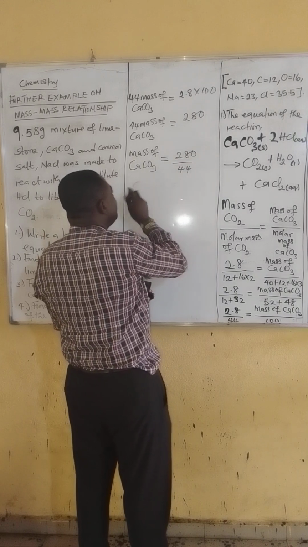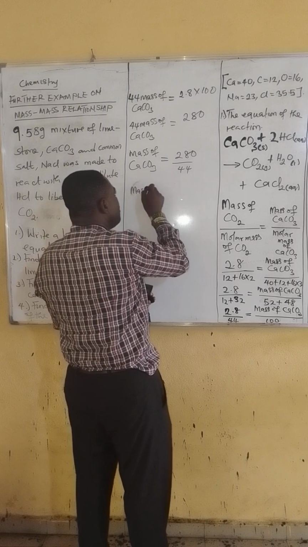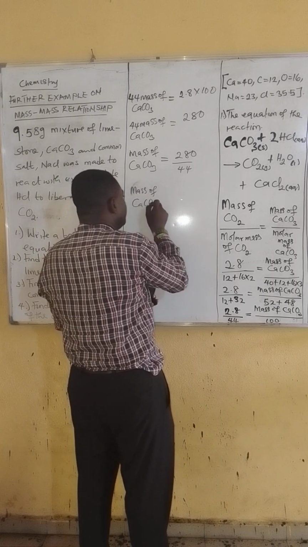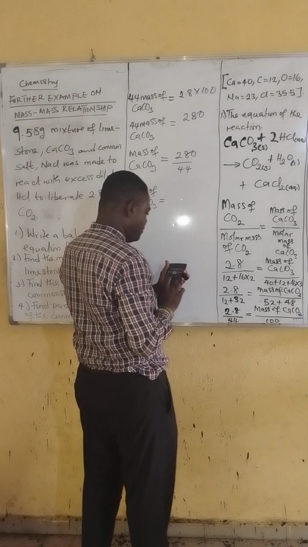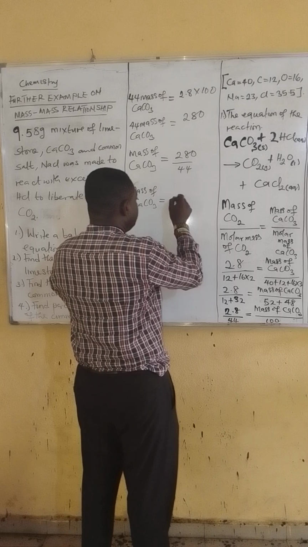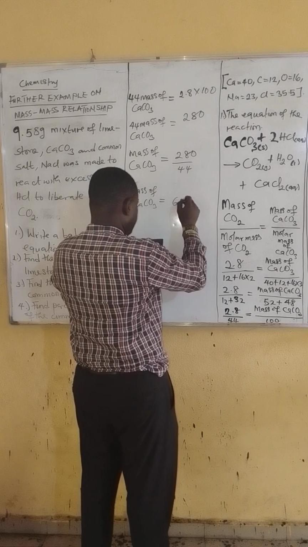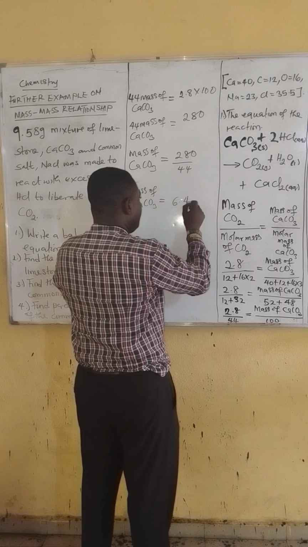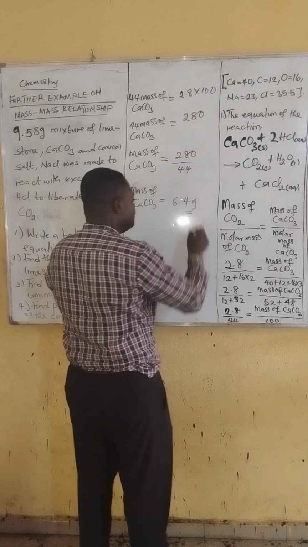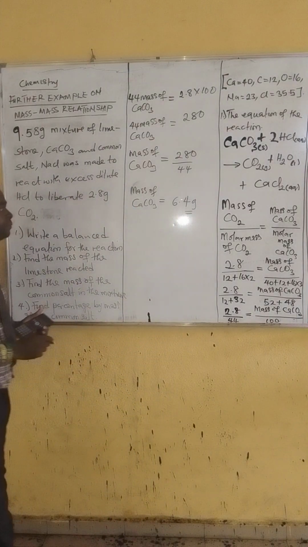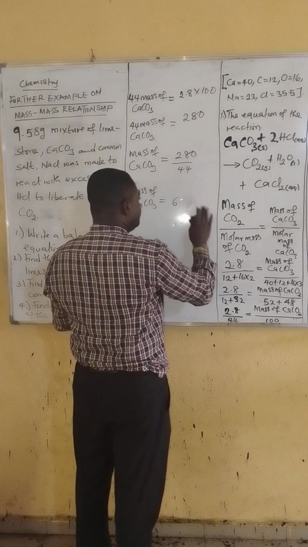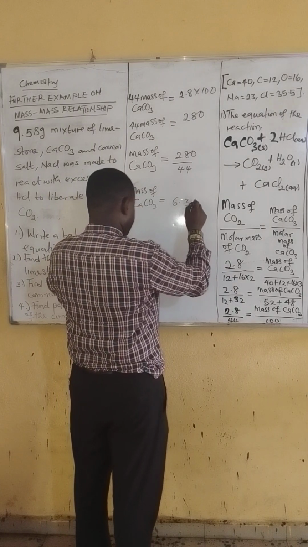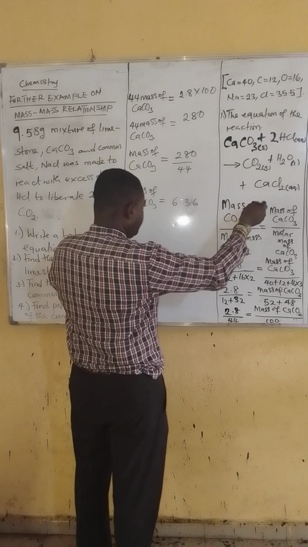So then mass of CaCO3 will give us 280 divided by 44. Answer is 6.4 gram. So that is that. Answer is supposed to be 6.36.